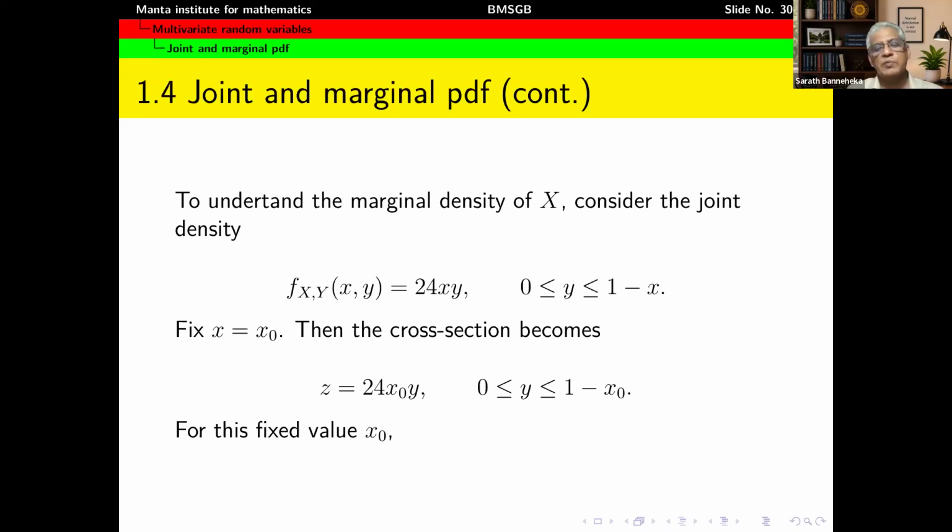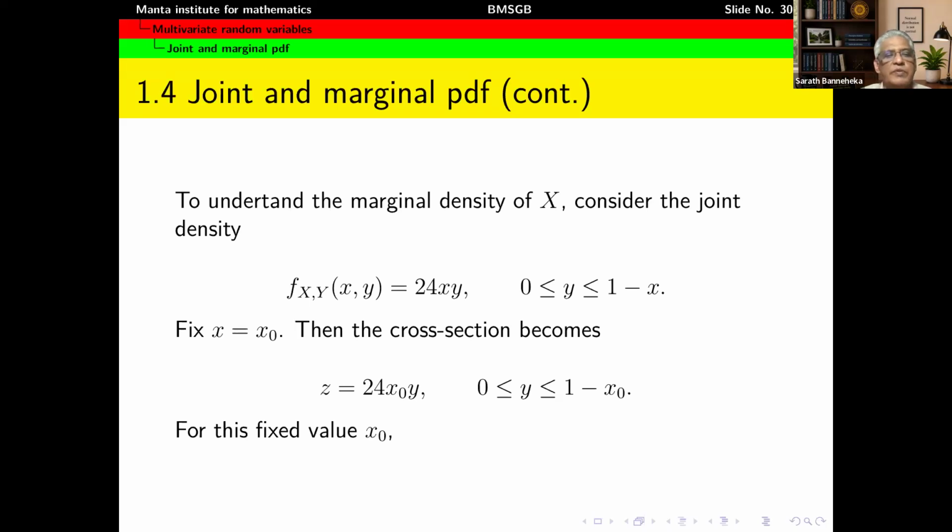The cross section was a triangle because this is a linear function of y. The z represents this part, that's the height. So what you needed was the area of that triangle.